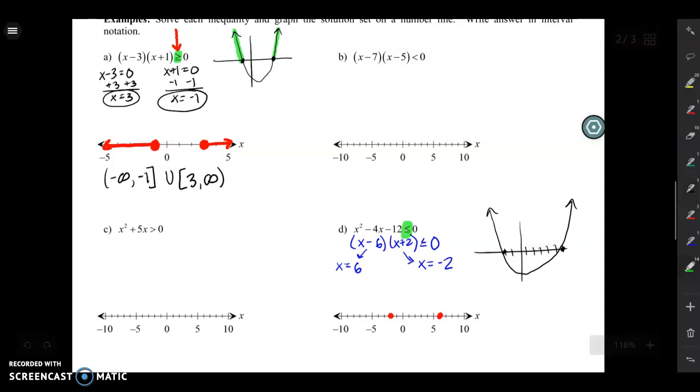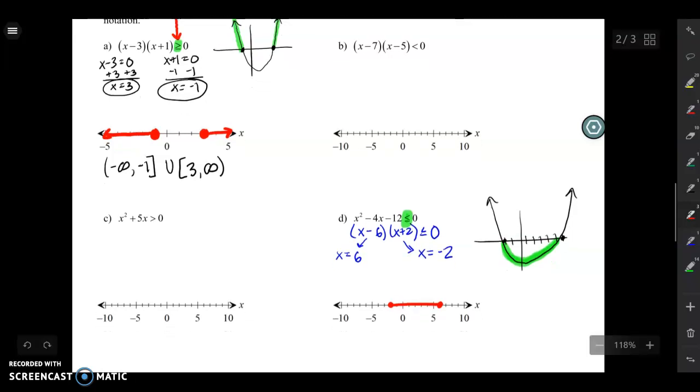Now, because this inequality is less than or equal to 0, I am looking for places on my graph where this function is beneath the x-axis, or smaller than 0. So it's all these values between -2 and 6. If I translate that down to my number line, I'm just going to shade in everything between -2 and 6.